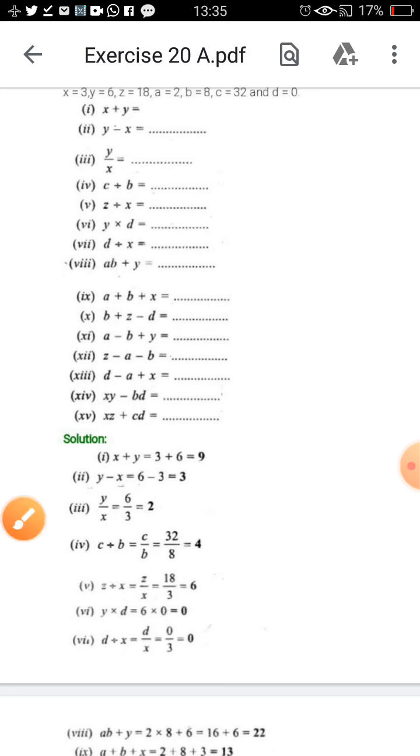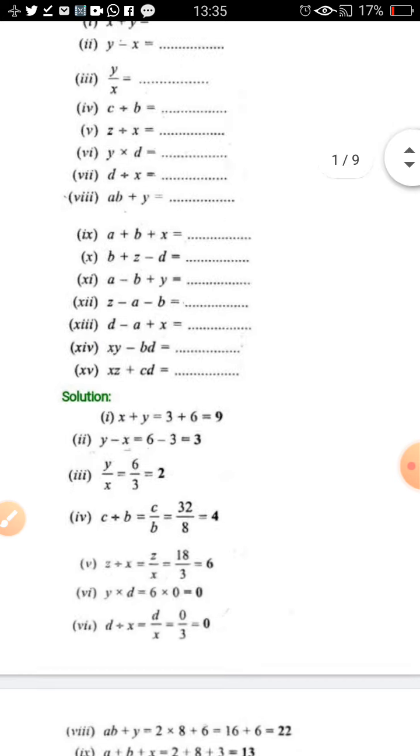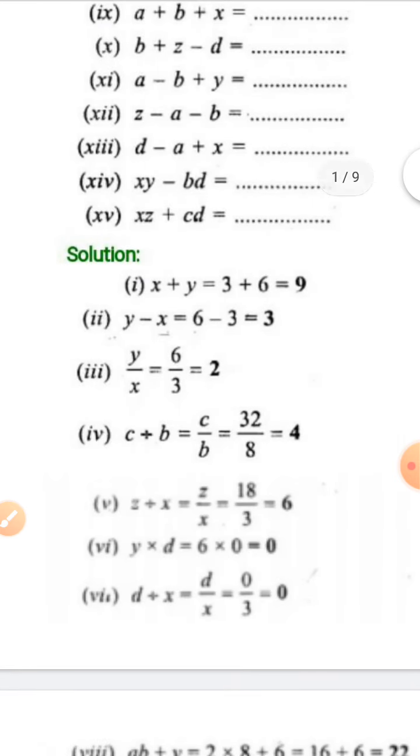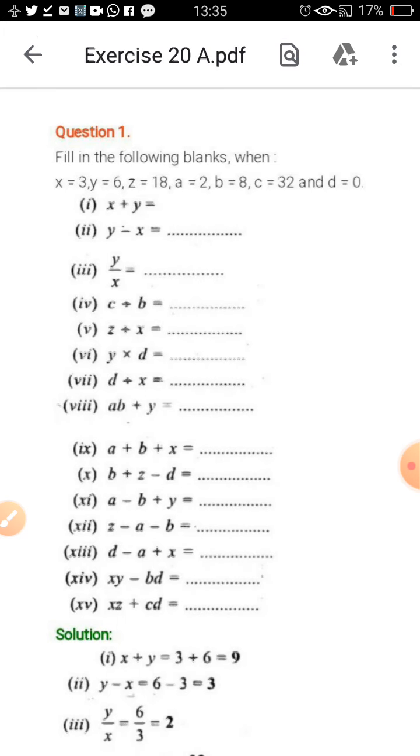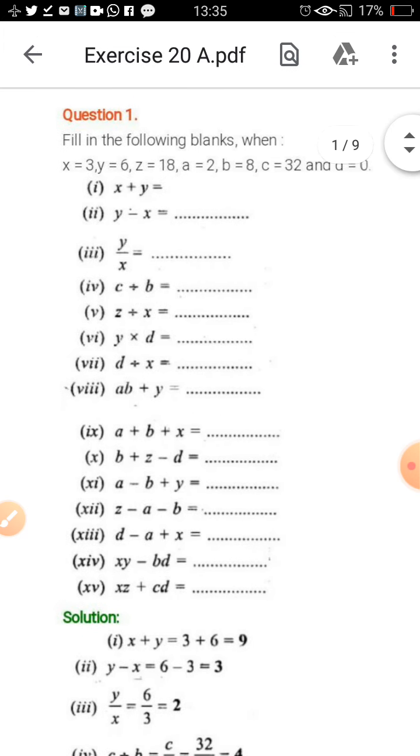Question number 4, c divided by b. That means c upon b. Then find out the c and b values. What is the value of c? 32.